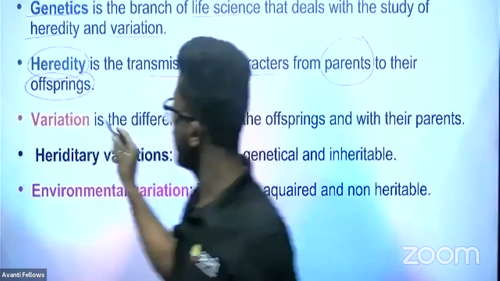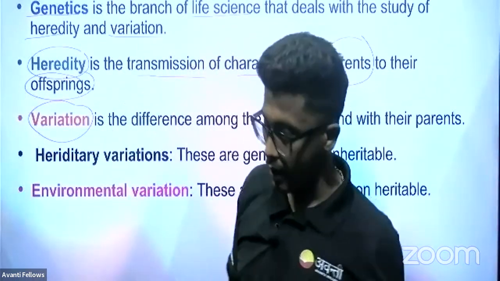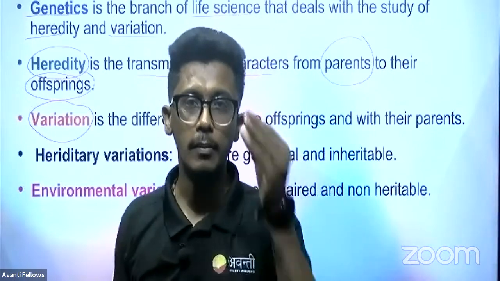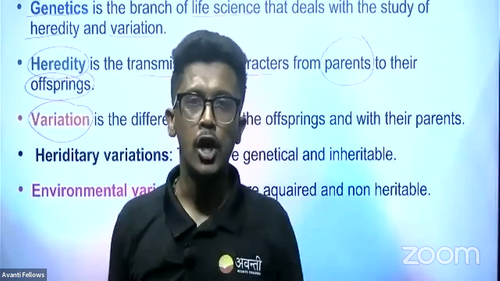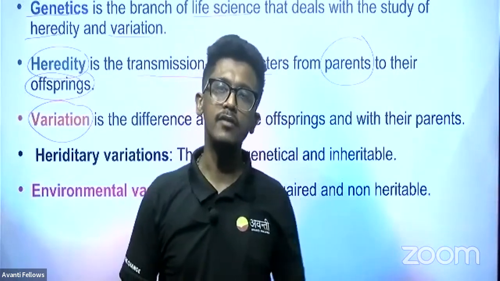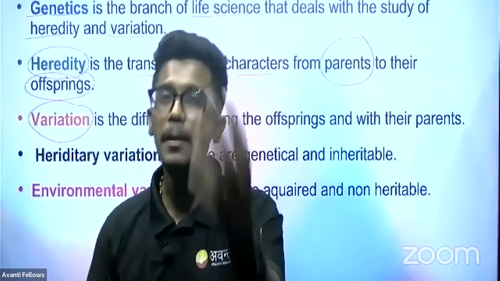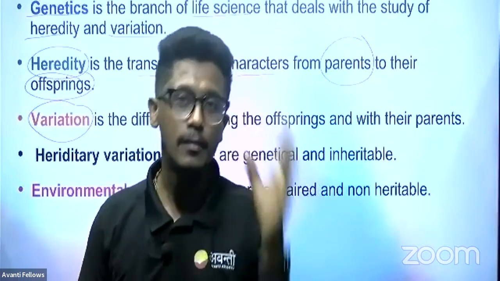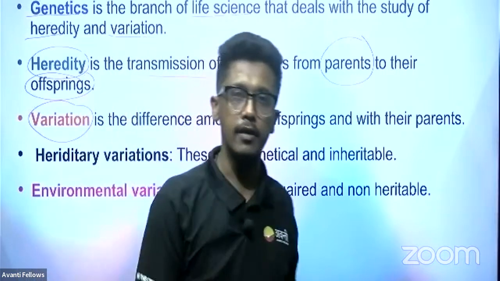Whereas variation is quite the opposite. Even if we have offspring coming from the same parents, let's say a mother and a father give birth to two children, one male and one female. Now you can see that one will resemble the parents, and the other will not at all resemble either mother or father. Let's say we have a daughter and a son.